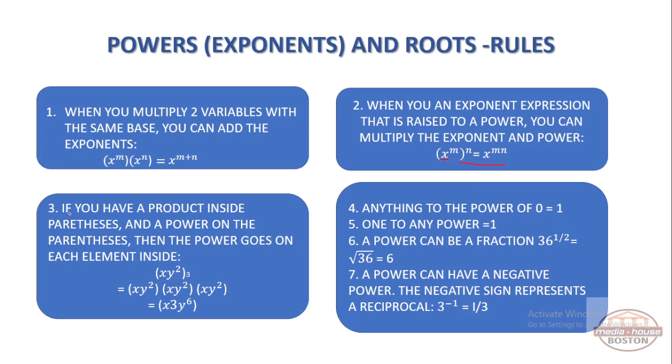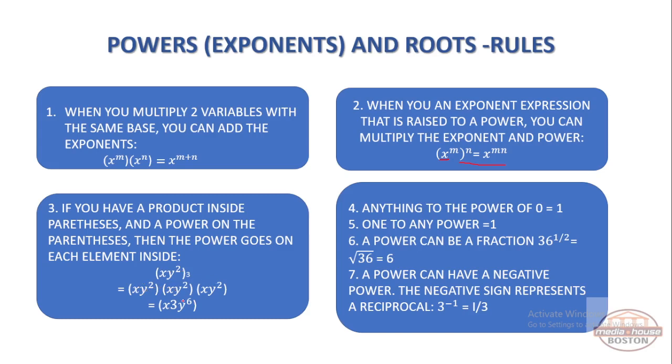The third one says that if you have a product inside the parentheses, inside the brackets, and a power on the parentheses, then the power goes on each element. If you have xy in brackets to the power of 2, the simplification will be x squared and y squared.